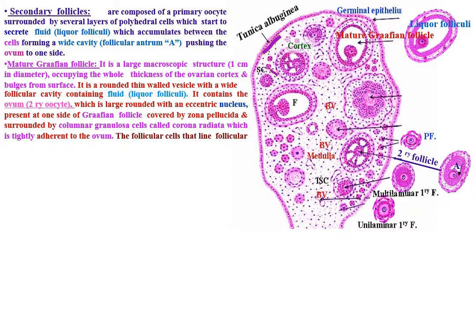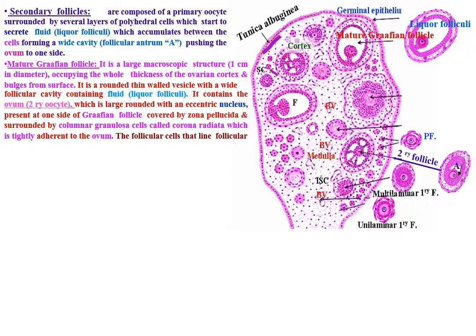It contains the ovum, secondary oocyte, which is large, rounded, with an eccentric nucleus present at one side of the Graafian follicle, covered by the zona pellucida, and surrounded by columnar granulosa cells called the corona radiata, which is tightly adherent to the ovum.